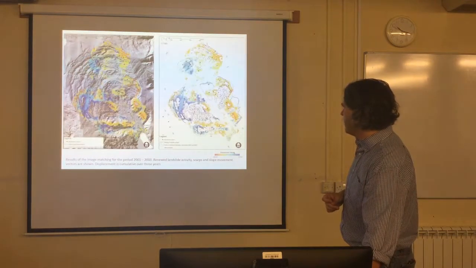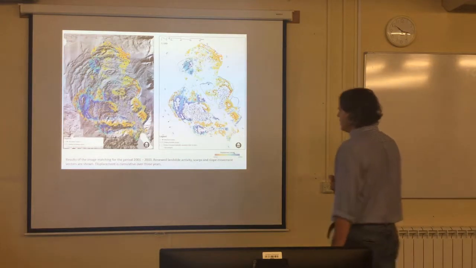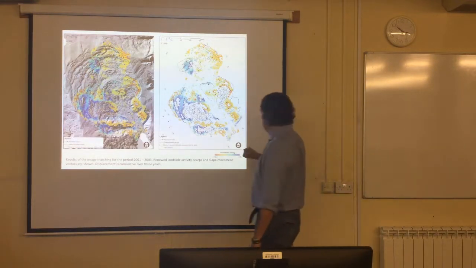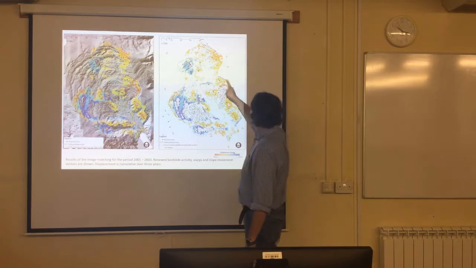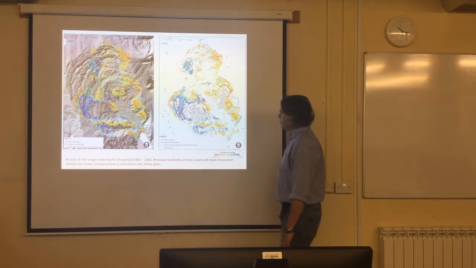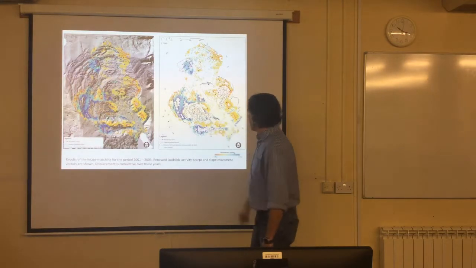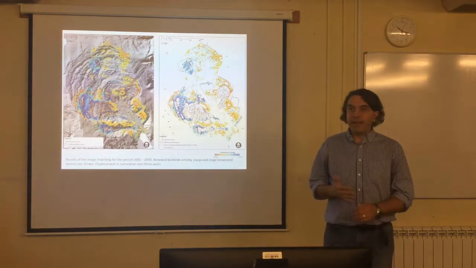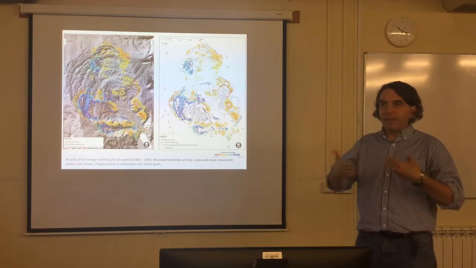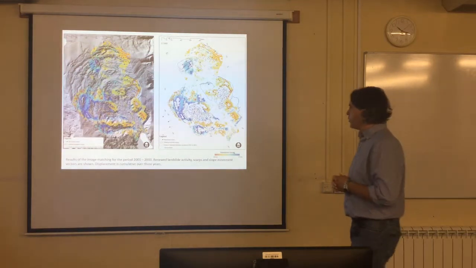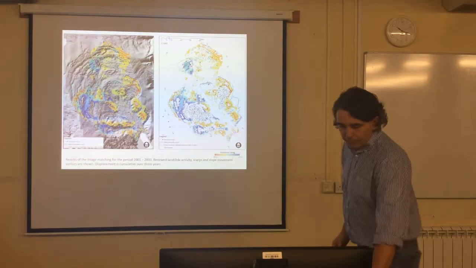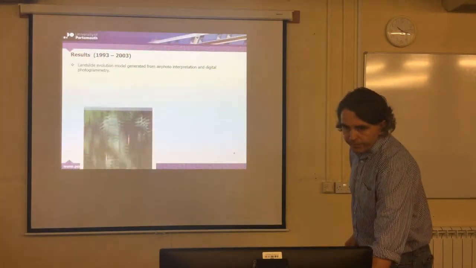98 to 2001, then 2001 to 2003, we did the same again. We've got some very clear motion here on the scarp for the landslides. What was most interesting is we've got areas of what we term decorrelation, you can see this speckling here. That means the image was not able to correlate between them. The reason for that was because there was a brand new slide, which I think I'll show later on.